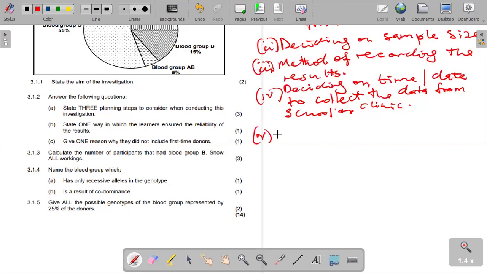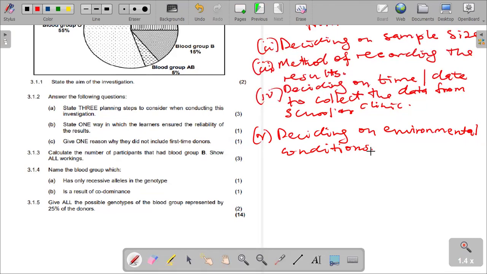Number 5, deciding on environmental conditions. I'm sure this can be enough.